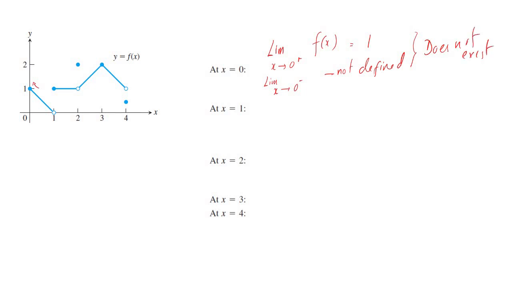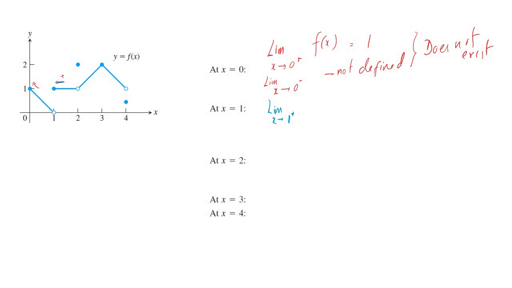So let's look at 1. At 1, from the positive side, we'll look for the limit as x tends to 1 from the positive side.